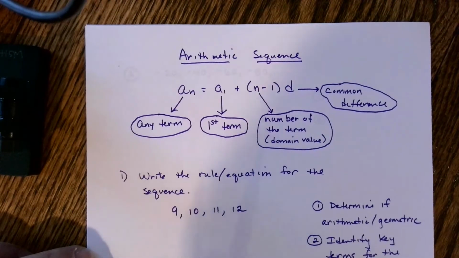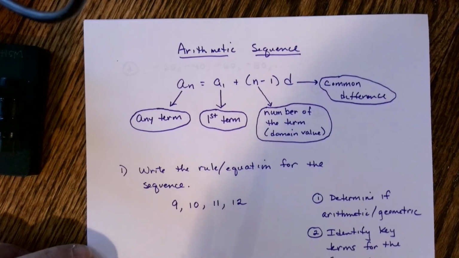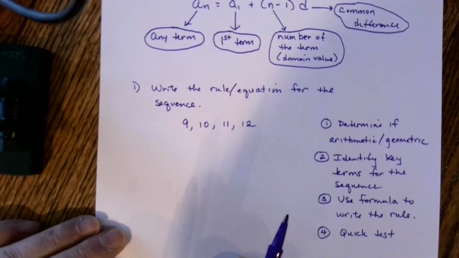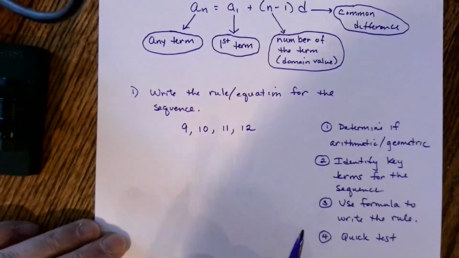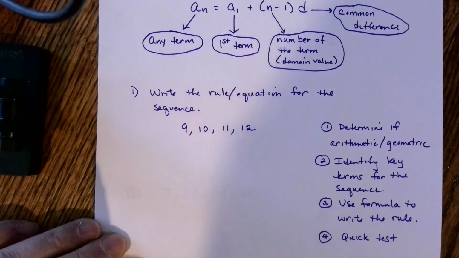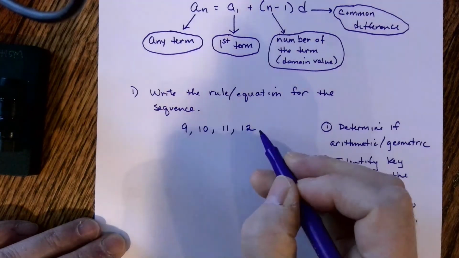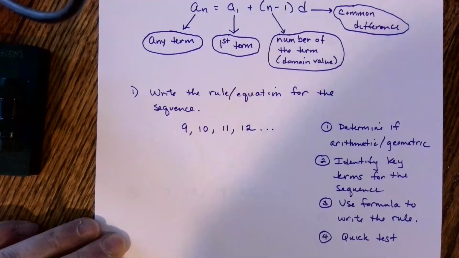So let's see if we can write a rule using this formula now. There's a series of steps that we're going to go through. So take a look at problem number 1. It says write the rule or the equation for the sequence 9, 10, 11, and 12. If this sequence went on forever, we could still use this equation to represent every term in it.